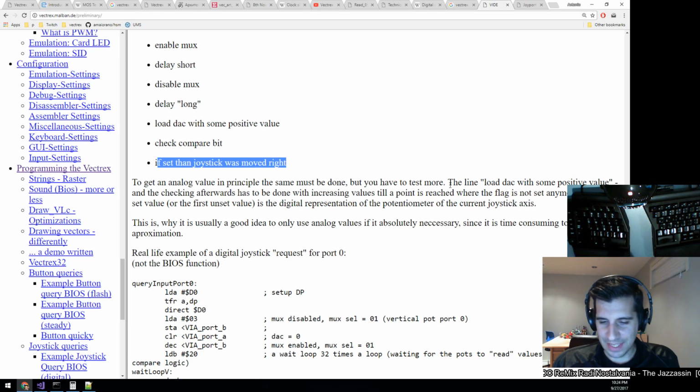So if you want to get the exact value, and this is what the code that I was reading last stream is doing, you want to keep increasing that value over time until you get a result, until the comparator bit changes from false to true. And at that point, you have some power of 2 bits precision value for what that value might be.